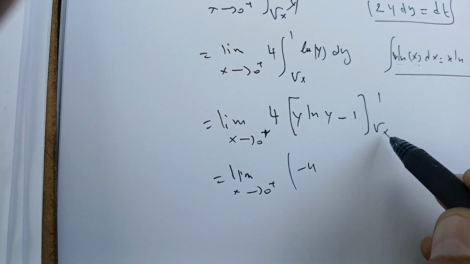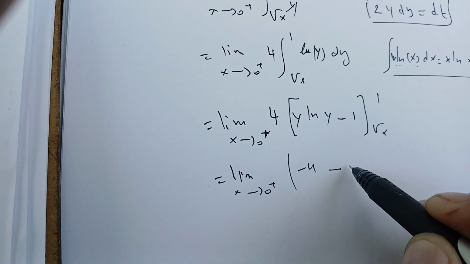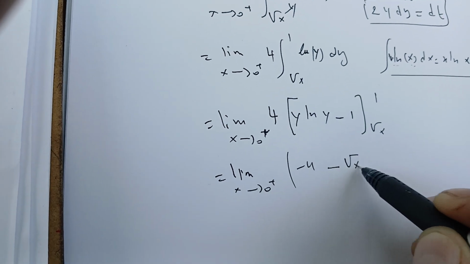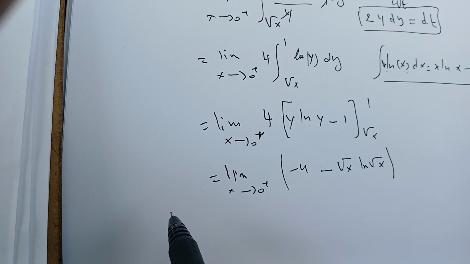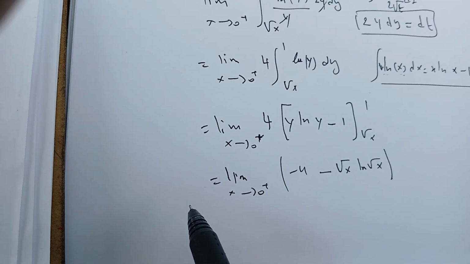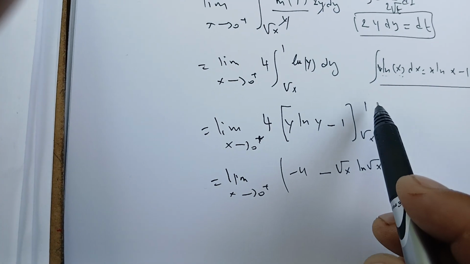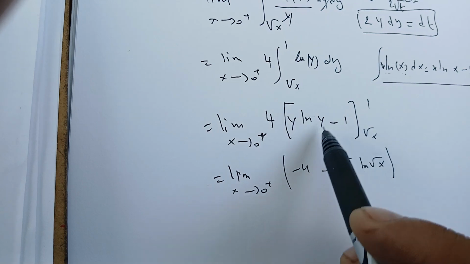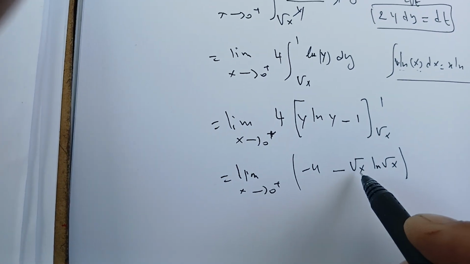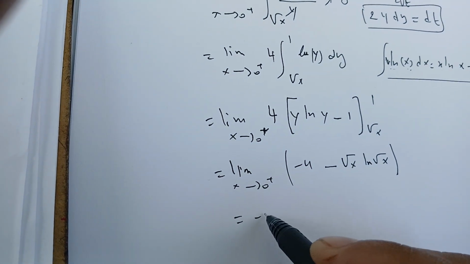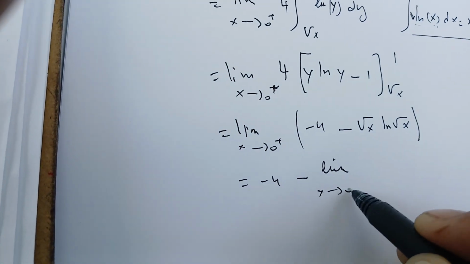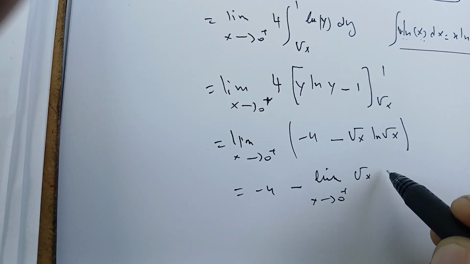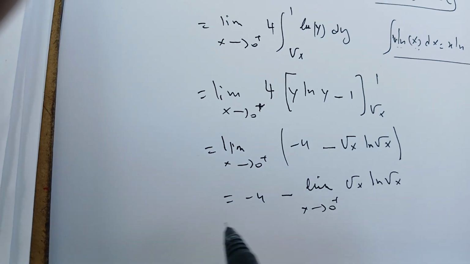When I plug the square root, I get minus square root of x, ln of the square root of x. When I plug the 1 here, I get 0, but I have a minus, so that's why I get the 4. Now the limit here is minus 4 minus this limit as x goes to 0 plus of the square root of x, ln of the square root of x.